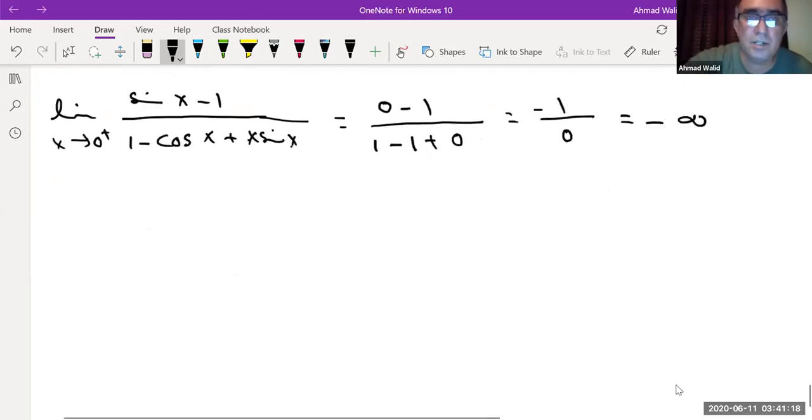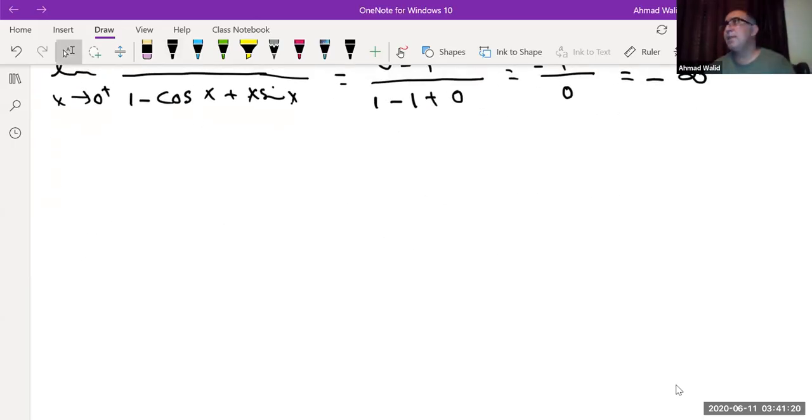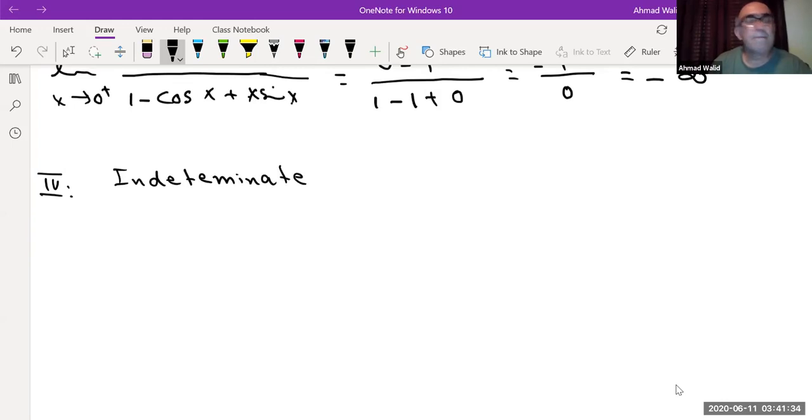This was the third type of indeterminate form of limits. Now, type 4. Indeterminate powers.